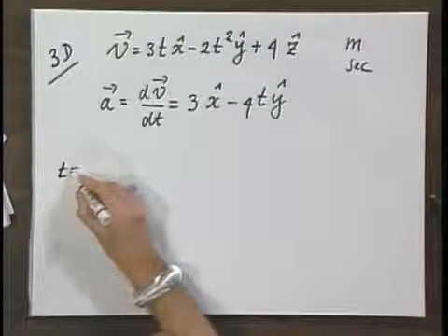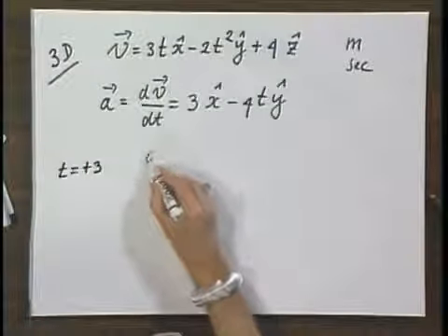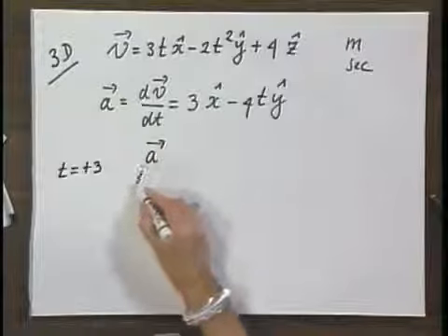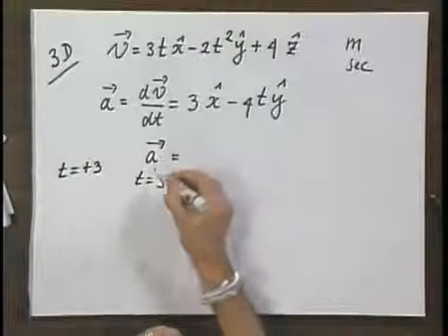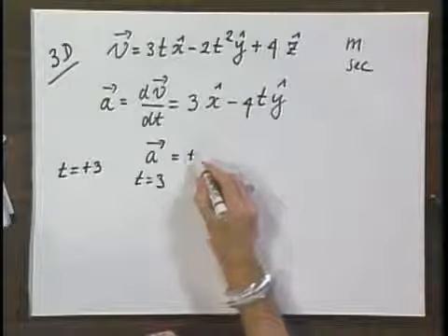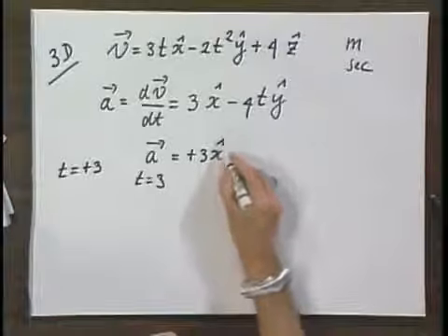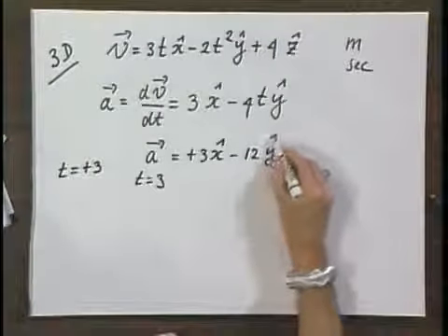If we take t equals plus 3, then the acceleration, which is a vector, at a particular moment in time, the instantaneous acceleration at t equals 3, would be plus 3 x roof minus 12 y roof.